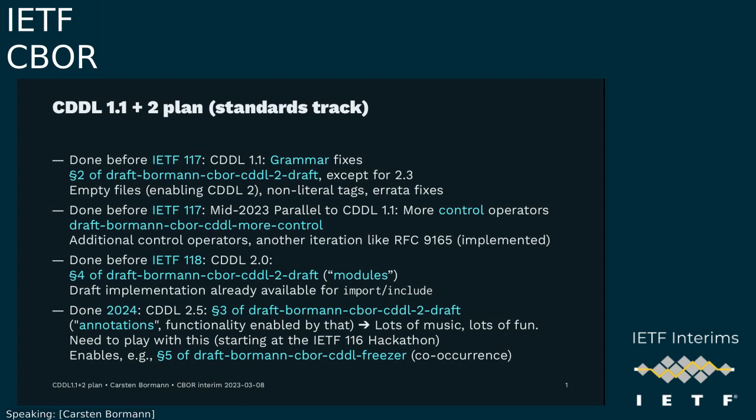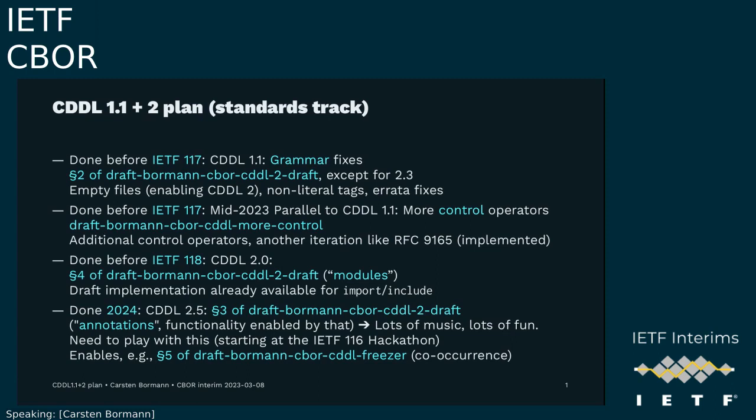In parallel to that, we also have this defined extension point, control operators, and the more-control draft defines a few more control operators that turned out to be useful in various work where we are interacting with other data representations.